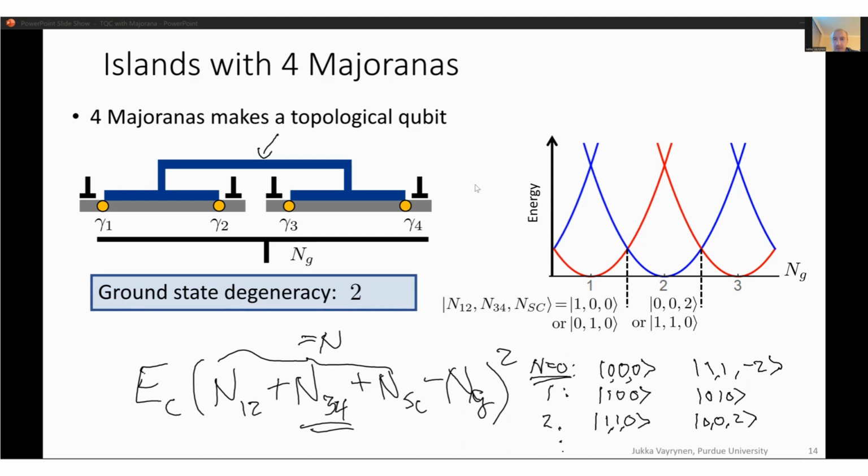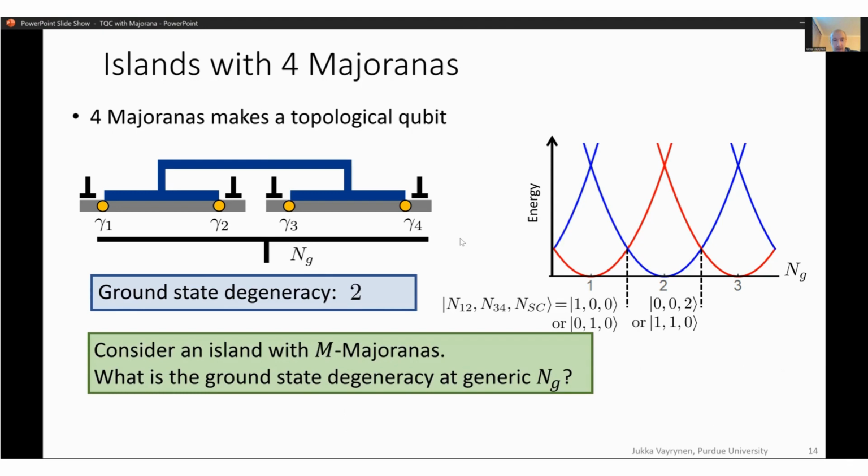Okay, so this is what you can get with 4 Majoranas. And maybe as a kind of homework question for the students, let's say I generalized this system to have m Majorana modes, and let's say this m is an even number, just because I'm always drawing pairs of them.